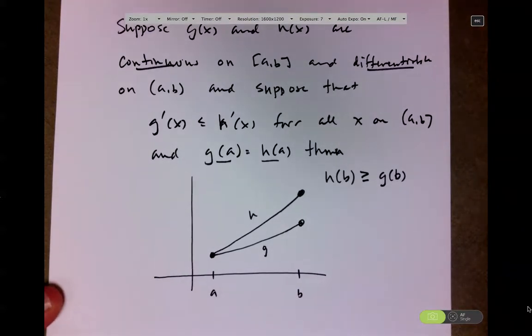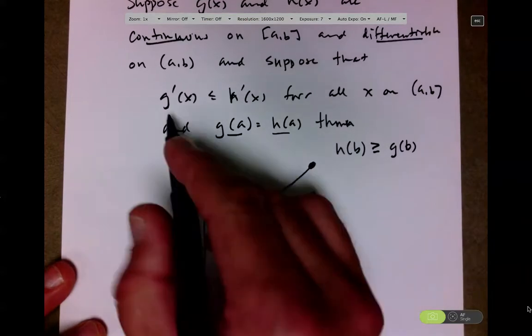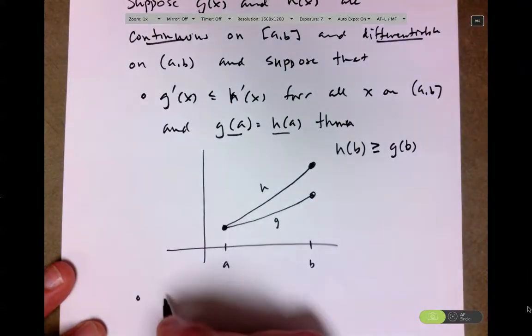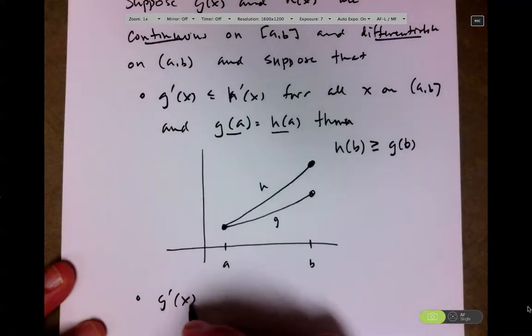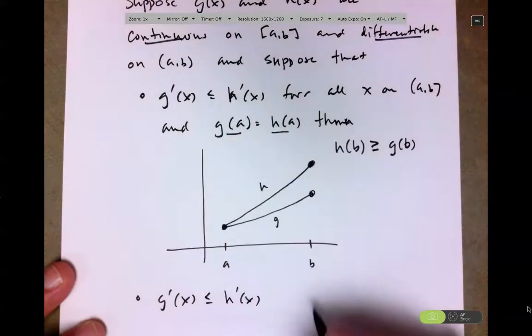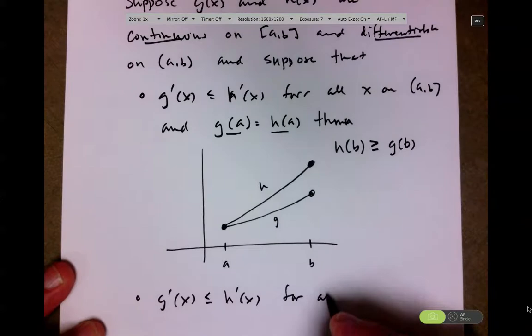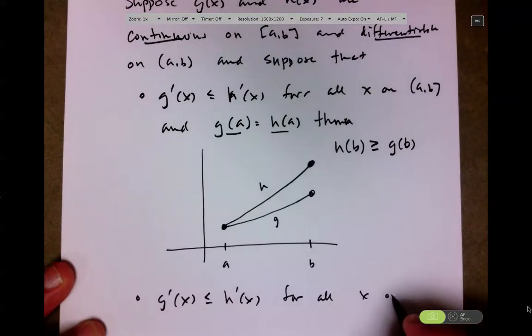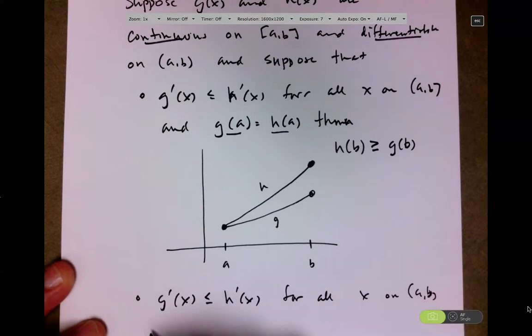Okay, now the second part of this one is, suppose that g prime of x is less than or equal to h prime of x, like it was up here, for all x on the interval from a to b, and we'll say g of b is equal to h of b.